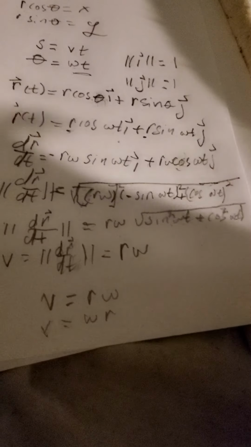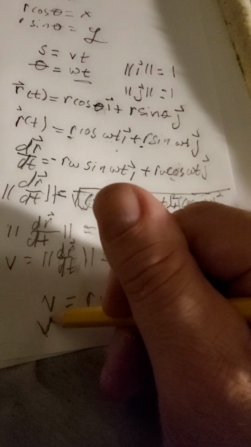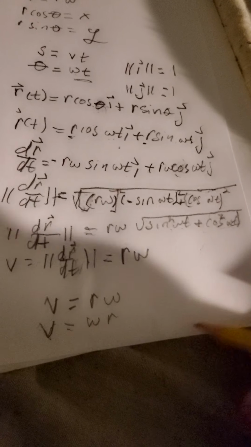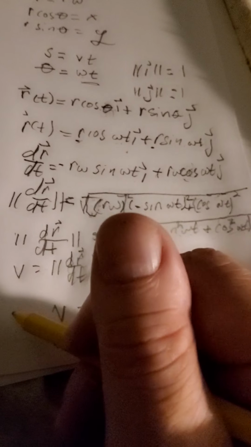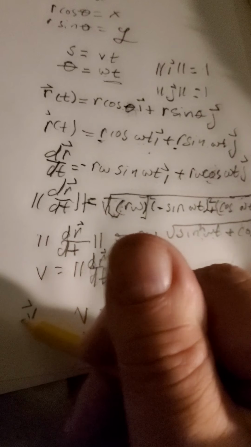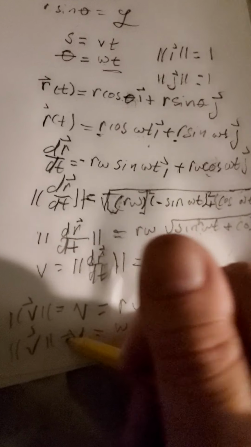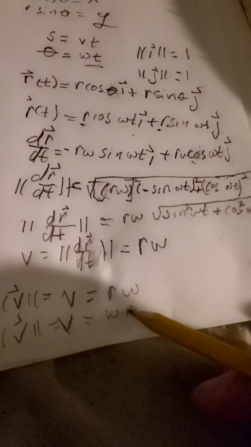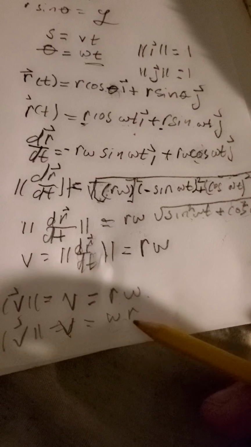Okay, so the magnitude of the tangential velocity vector is just going to be omega r. This is the magnitude of the tangential velocity vector, and that's going to give you the scalar value of the speed, which is r times omega, or omega times r.